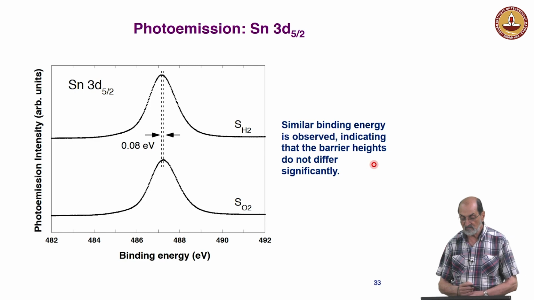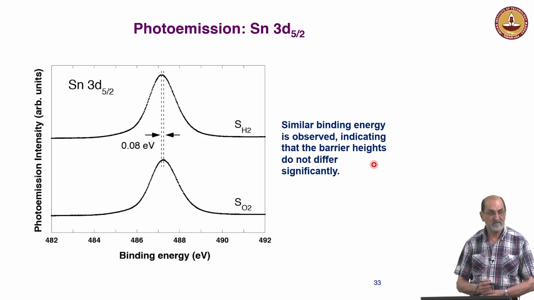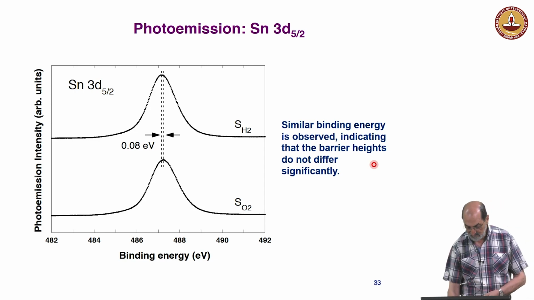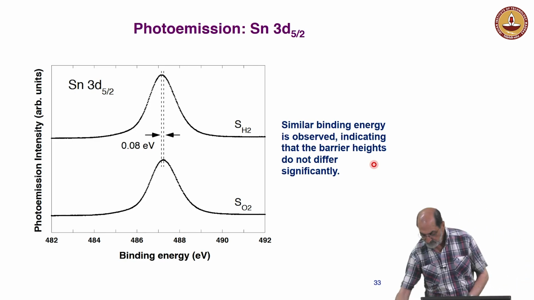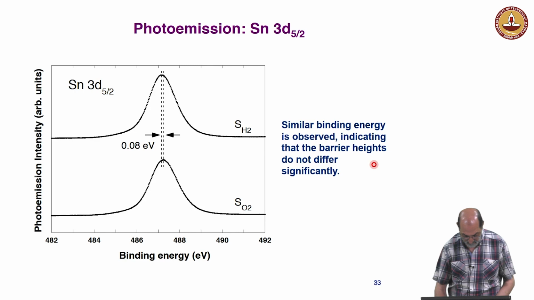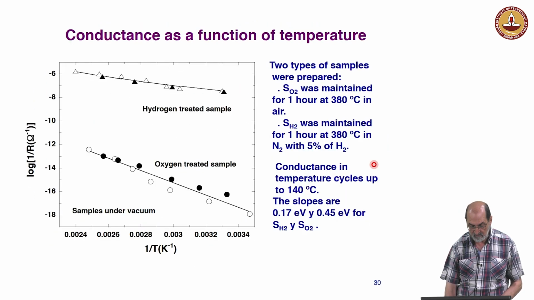So what is this telling us? The thermionic current is not enough. Do you understand so far what I'm telling you?